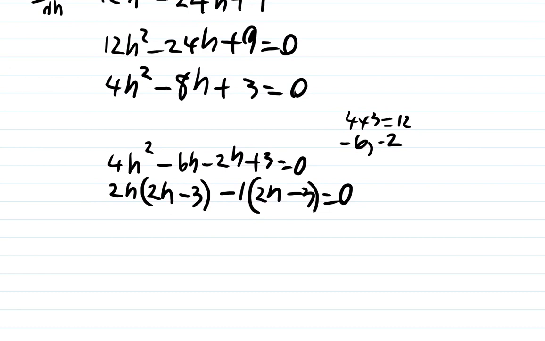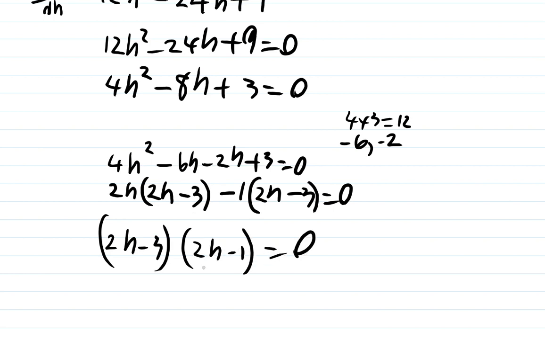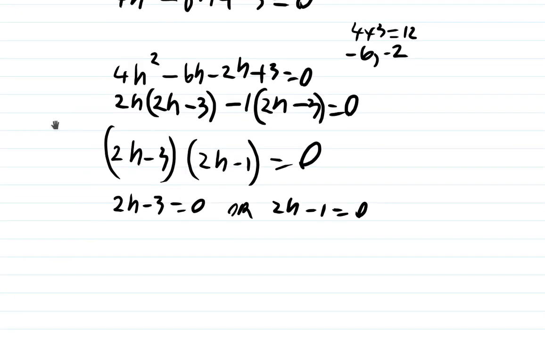So the common factor that we have here now is 2h minus 3. Let's put the 2h minus 3 outside the bracket, and inside the bracket we have 2h minus 1 equals 0. When these things multiply and give you 0, it means either 2h minus 3 equals 0 or 2h minus 1 equals 0, or both.